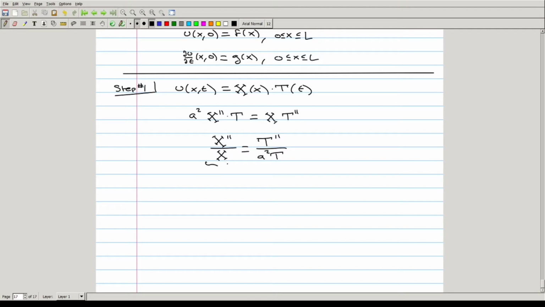which, just like before, the left hand side is the ratio of two functions of only x. And the right hand side of this equation is a ratio of two functions of only t.